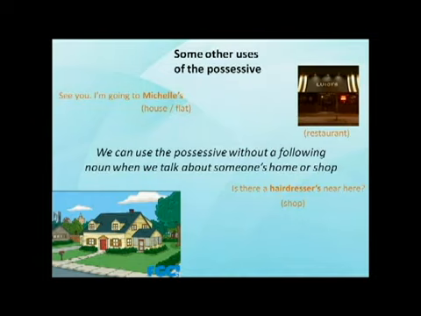So it's not necessary to include the following noun. There was a police officer outside the Griffins'. Había un agente de policía afuera de la casa de los Griffins.